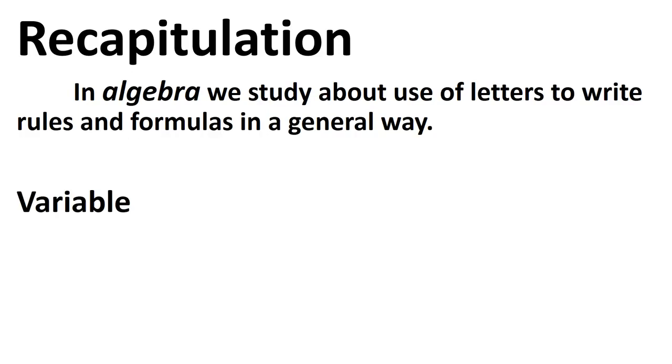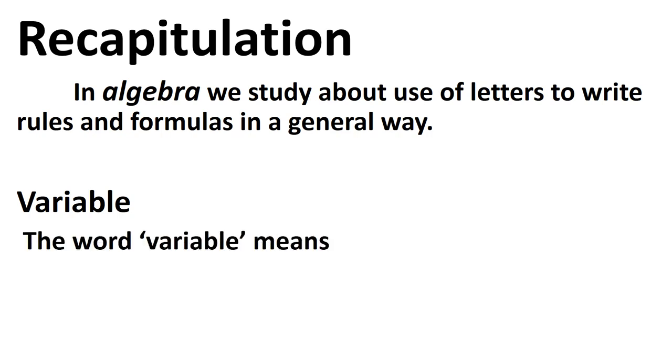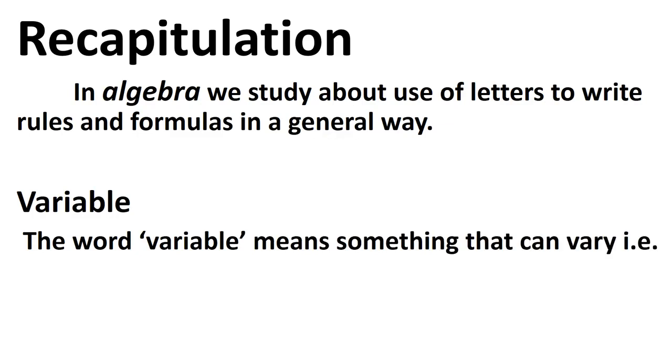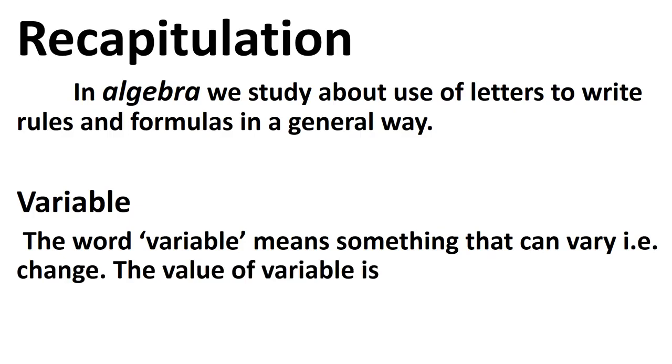In algebra, we have two things, variable and constant. These are new words for you. What are variables? The word variable means something that can vary, that is, change. The value of a variable is not fixed.